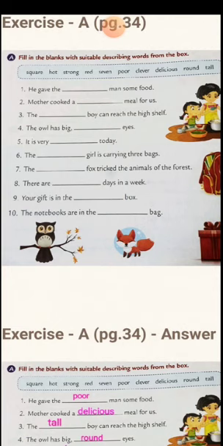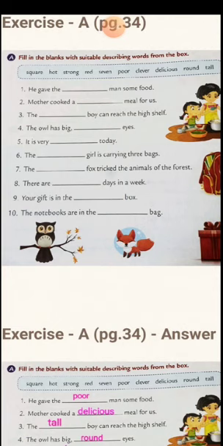Now, number 8, there are dash days in a week. How many days are there? There are 7 days. Sunday, Monday, Tuesday, Wednesday, Thursday, Friday, Saturday. So there are 7 days. So here we will be using the number word as describing words. So SEVEN, 7 days.